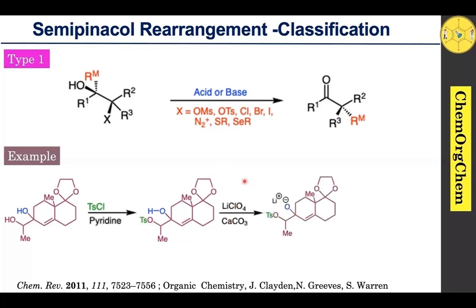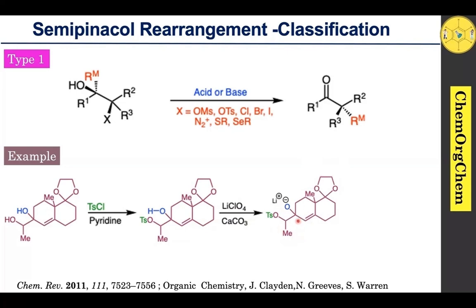After that, when you treat with lithium perchlorate and calcium carbonate, here calcium carbonate acts as a base that readily takes the proton from this tertiary alcohol, generating the corresponding alkoxide ion. After that, lithium exchange takes place, which generates this intermediate.